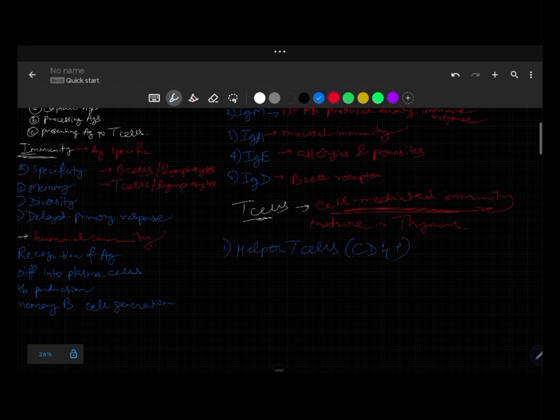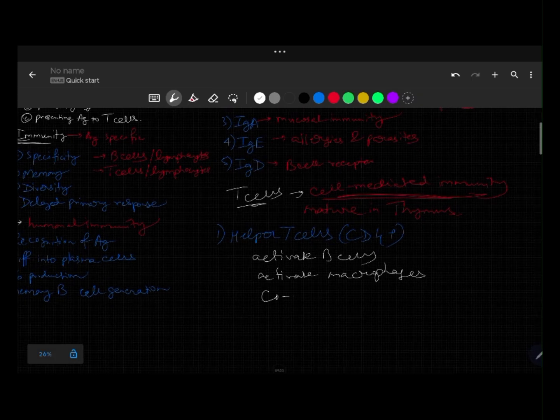These mainly activate B cells, activate macrophages, and coordinate immune responses.